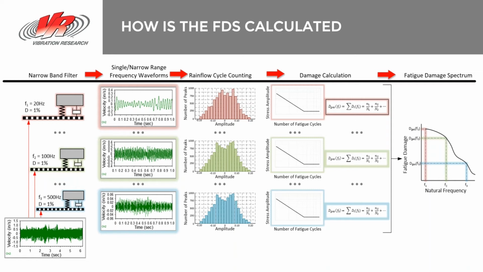So that velocity measurement, or that velocity time history file, is run through a series of single degree of freedom oscillators. And you can see some examples on this slide where they're each highlighted in their own color. So the red oscillator is a 20 Hertz oscillator.